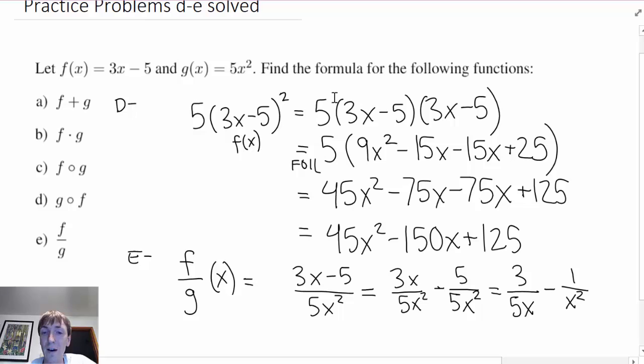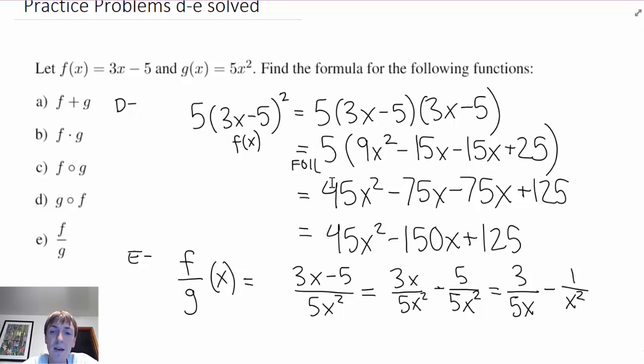So I have to FOIL this out, and my strategy was to first take (3x minus 5) times (3x minus 5), FOIL that, and then bring the 5 outside into it. It involved some kind of tricky multiplications, some of which I'm okay if you use a calculator for. I happened to work out 15 times 5 and 25 times 5 by hand because I'm not very good at remembering things like that.